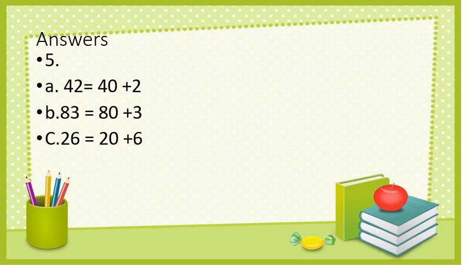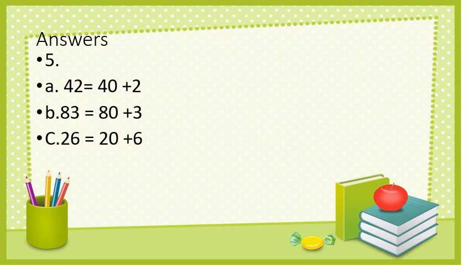Now next part, look at the next part. The number is 83. Children, you will see that 8 is at tens place. So its place value is 80 and 3 is at ones place. So the place value of 3 is 3. So the expanded form of 83 is 80 plus 3.